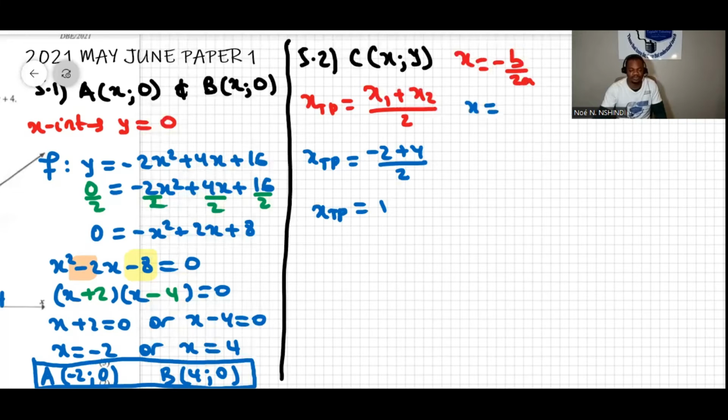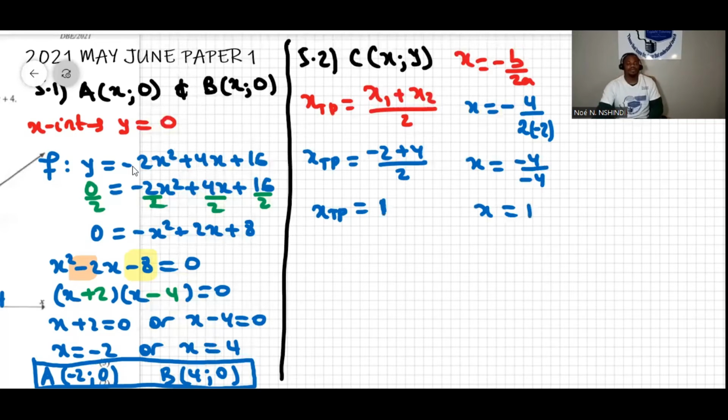That makes x equal to minus b, where b is the coefficient of the x term, so 4, over 2a. A is the coefficient of the x squared, so negative 2 there, and then this will make this equal to negative 4 over negative 4. That makes x equal to 1 still. So the x turning point is still 1.